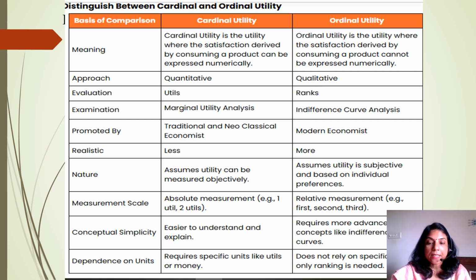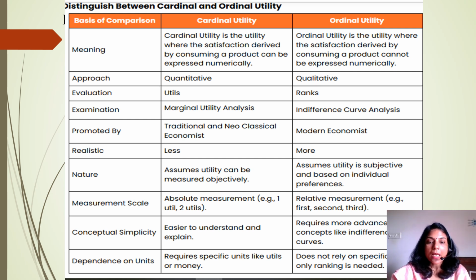Cardinal is less realistic in nature, while ordinal is more realistic. As per cardinal utility analysis, utility can be measured objectively, but as per ordinal utility analysis, utility is subjective and based on individual preferences or choices.